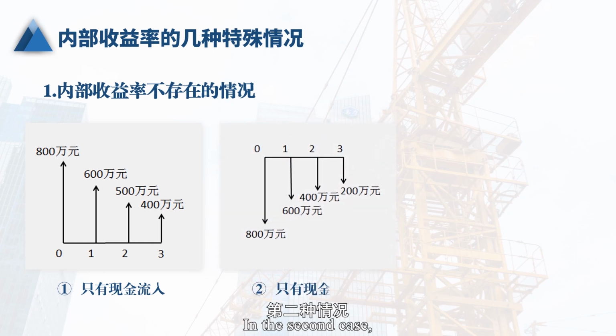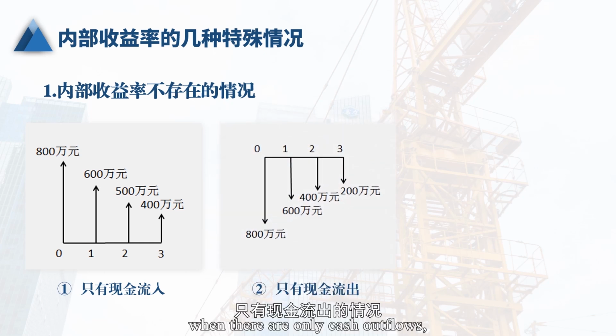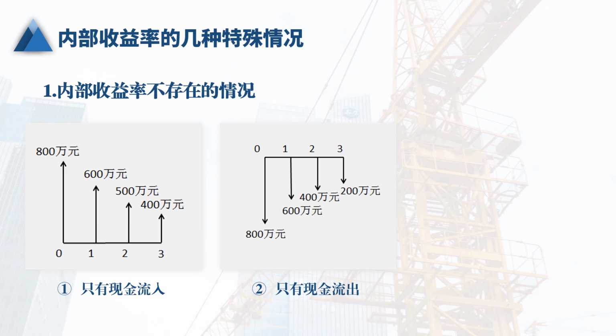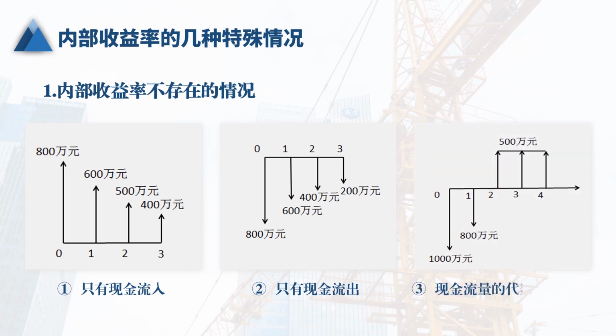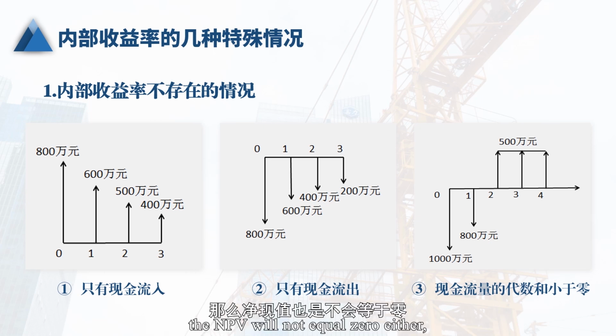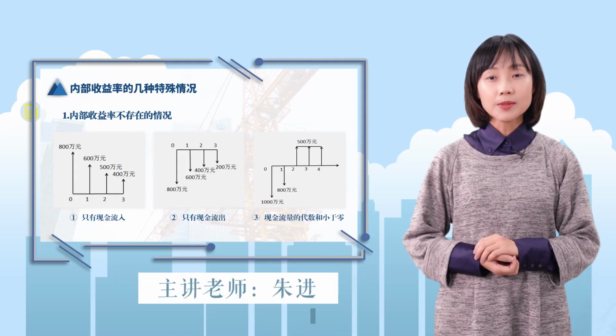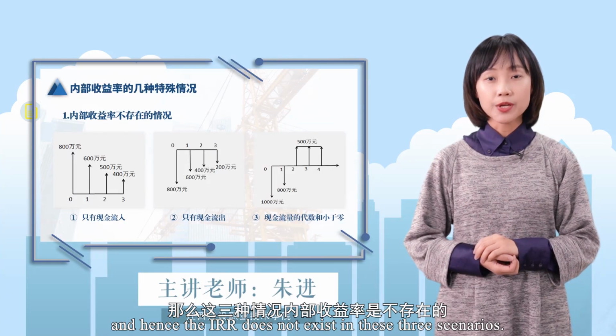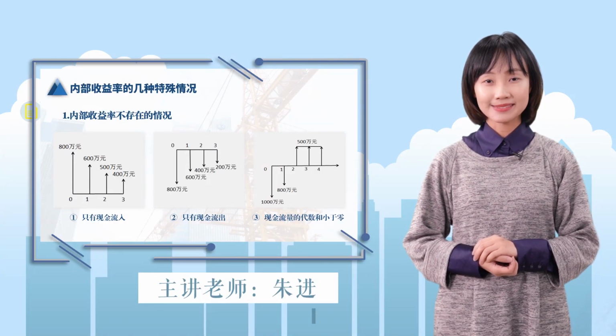In the second case, when there are only cash outflows, the NPV also cannot be zero, and therefore the IRR does not exist. In the third case, when the algebraic sum of cash flows is less than zero, the NPV will not equal zero either, and hence the IRR does not exist in these three scenarios.